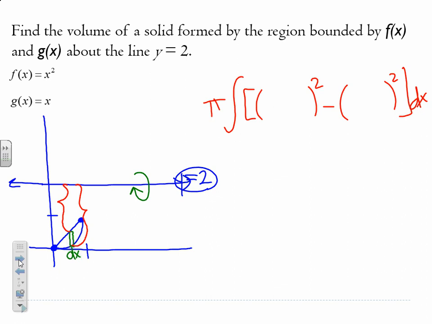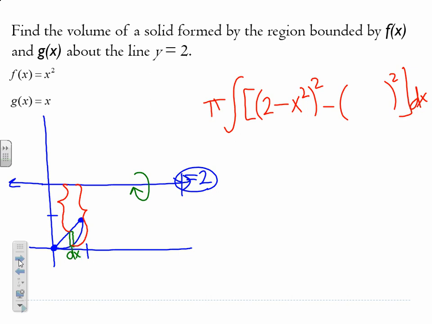Since the axis of rotation is above our curve, we take that 2 and subtract the bottom function for our big radius. So 2 minus x squared, that is our outer radius.